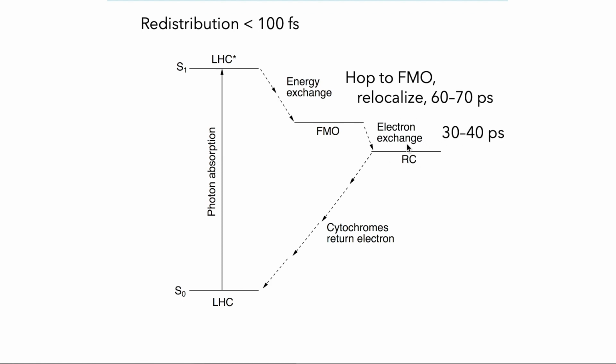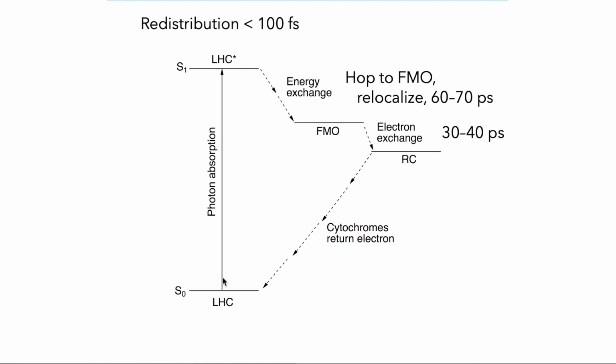That's the final process that we have to do, and that takes about 30 to 40 picoseconds once the electron has been transferred from the FMO, finds where the reaction center is. The excitation needs to relocalize, get transferred, and delocalize again in order to become available for reaction.